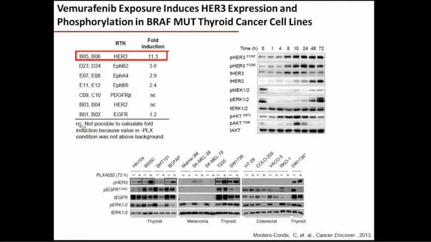And indeed, if you look at a time course after exposure to vemurafenib, there was very robust activation of this receptor, and this was associated, as I showed before, with the activation of ERK and AKT signaling. Now, this was not just in one cell line, this was a lineage phenomenon. So if you now look across multiple thyroid cancer cell lines, you can see this activation of HER3 in response to vemurafenib was common to the great majority of them, but was not present in melanoma, colorectal cell lines. So they respond differentially to inhibition of the pathway. So the issue is lineage actually matters.